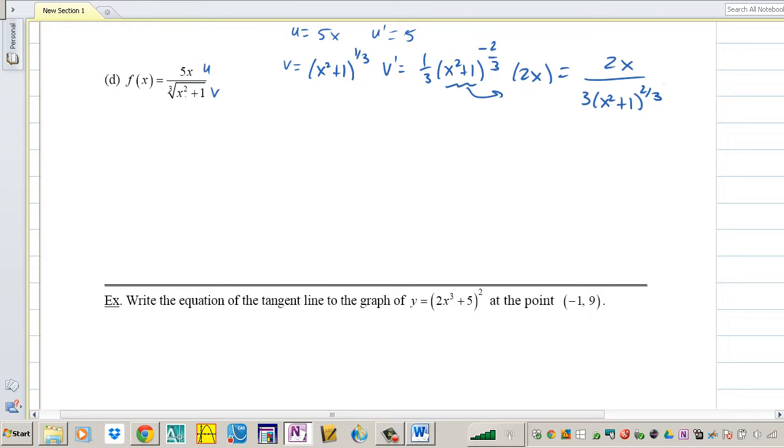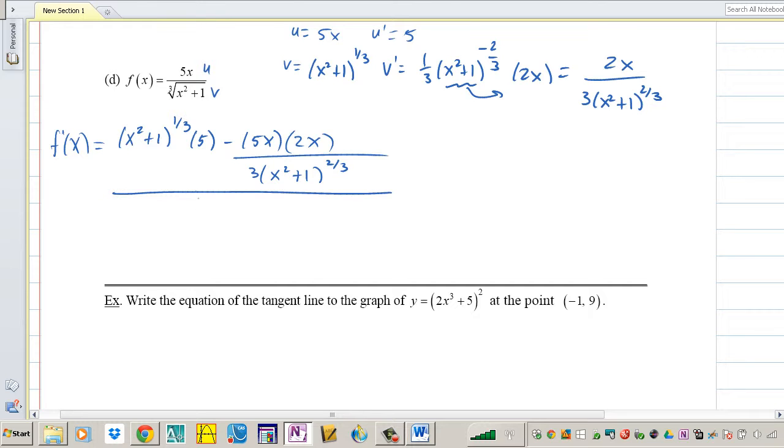Okay, so let's go ahead and do our quotient rule. Because they're being divided, it's going to be f prime of x is equal to bottom, which is x squared plus 1 to the 1/3 times the derivative of the top, minus the top times the derivative of the bottom, which is 2x over 3 x squared plus 1 to the 2/3, all over the bottom squared, which is x squared plus 1 to the 2/3 as well.